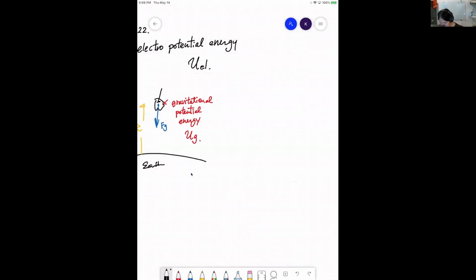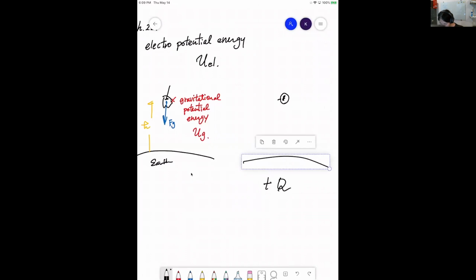Let's say I have a big Q, positive big Q. I could have a positive one, but let's make it a negative little q. Then there is a force between this negative q and the positive Q, Fe, right?